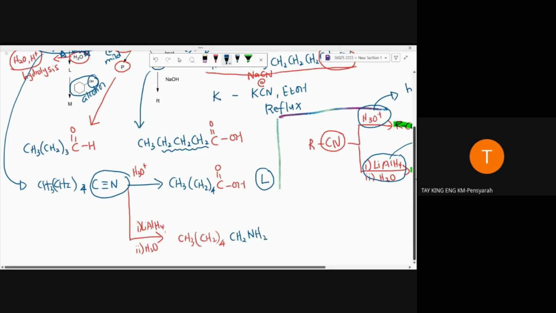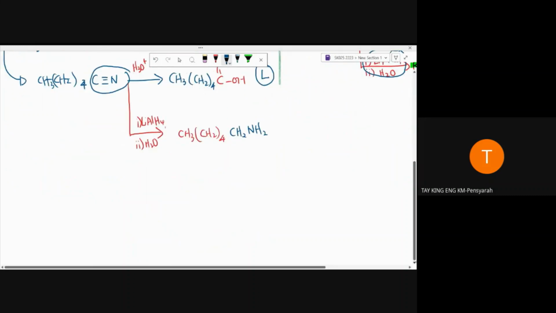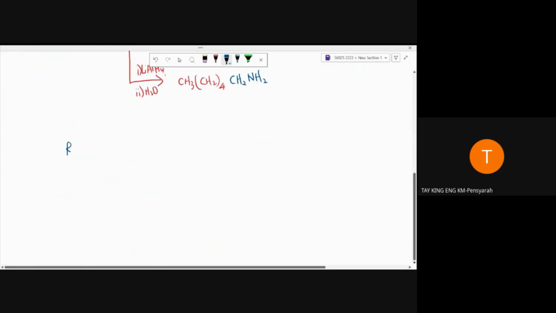Ada hydroxyl group, so this is alcohol. So as we know, alcohol jumpa dengan carboxylic acid. This one kita belajar dalam chapter alcohol lah. So dia akan hasilkan ester. Okay. So alcohol kalau jumpa dengan carboxylic acid, kita akan dapat ester. So ester ada present smell ataupun we can say that is fruity smell.